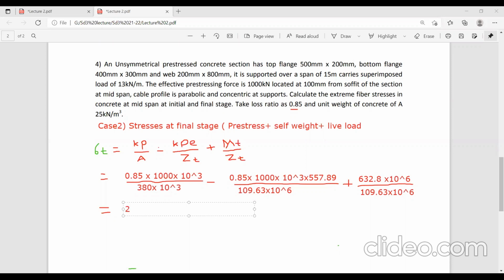It will be 2 minus 0.85 into 10 to the power.